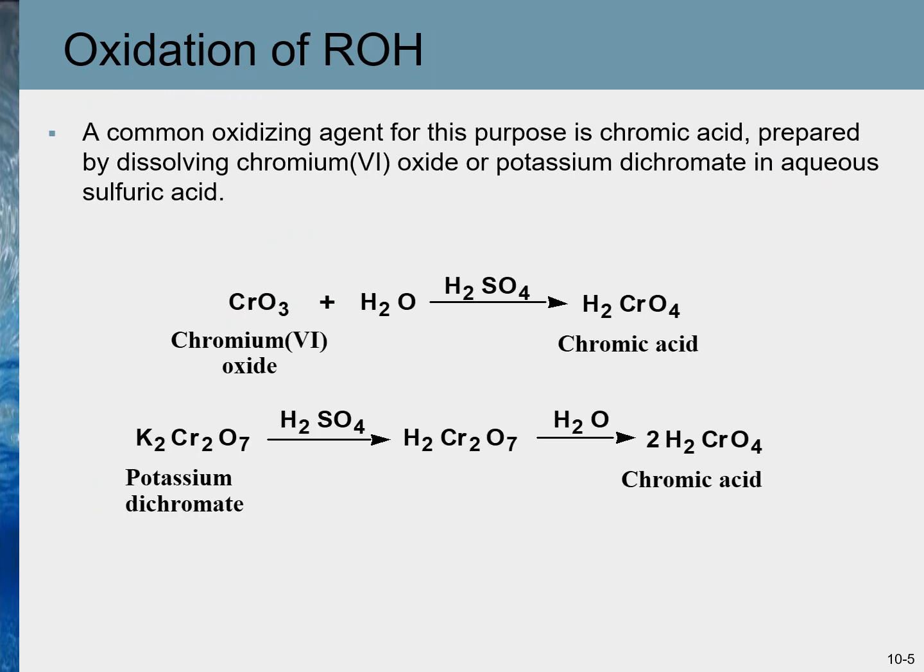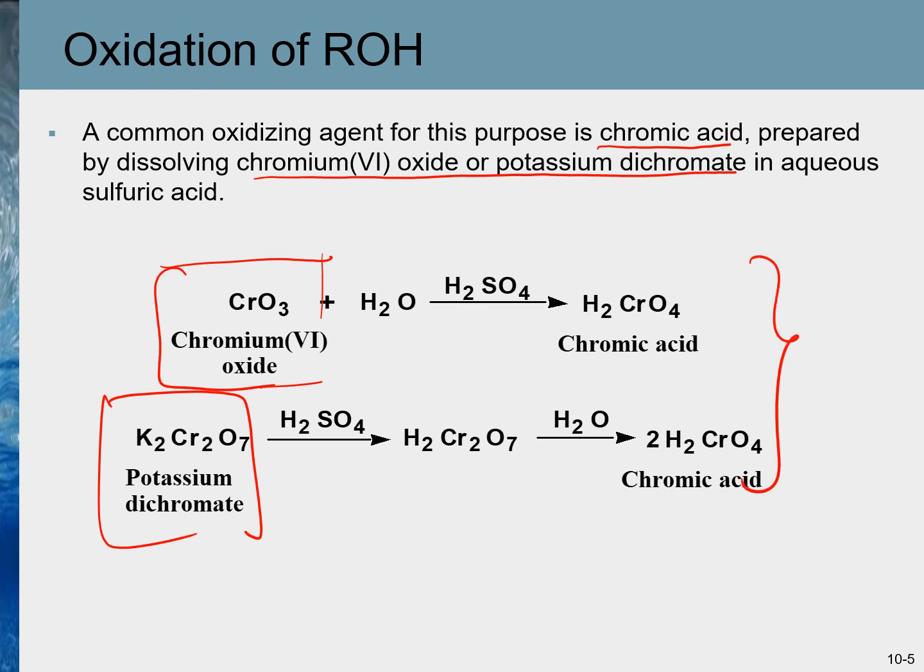The commonly used reagent in lab for the purpose of oxidation of primary alcohols to carboxylic acid is chromic acid. Chromic acid is prepared by dissolving either chromium 6 oxide or potassium dichromate in aqueous sulfuric acid. The reactions of preparation of chromic acid from chromium 6 oxide or potassium dichromate are shown here.